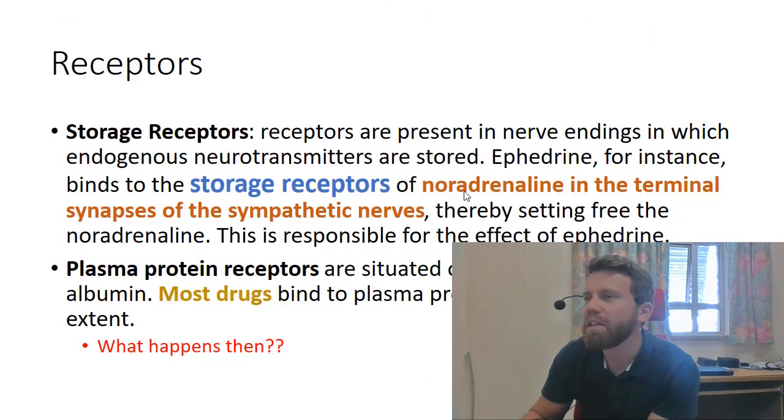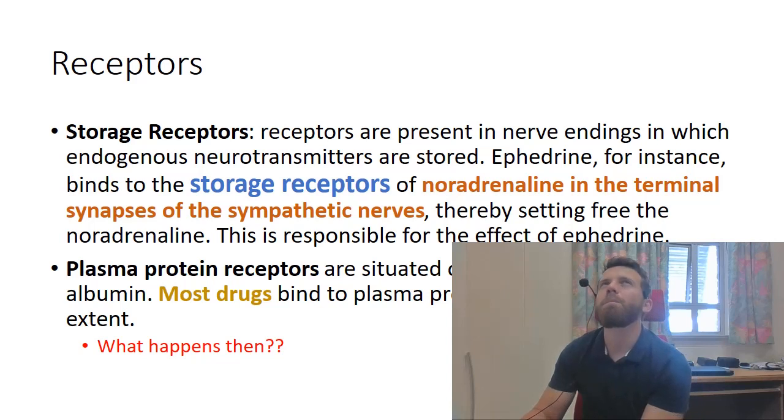So storage receptors, noradrenaline in the terminal synapses of sympathetic. So mostly when we take something like a decongestant agent like ephedrine or pseudoephedrine or one of those, they act on the storage receptors on the sympathetic preganglia.